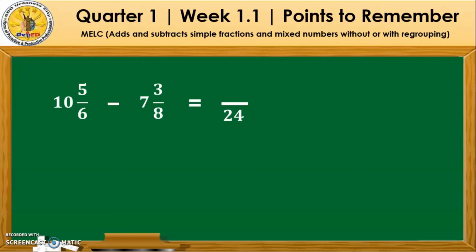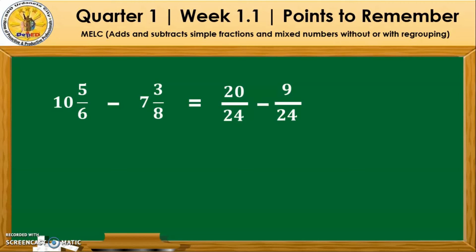24 divided by 6 is 4. Multiply it to the numerator. 4 times 5 is 20. Next, let's get the equivalent fraction of 3/8. 24 divided by 8 is 3. Times 3 is 9.